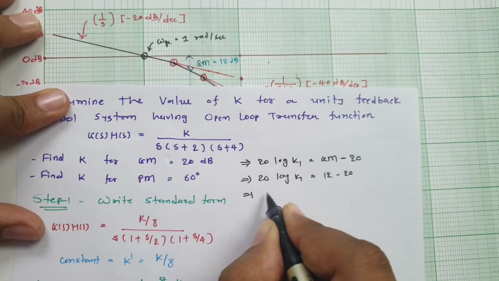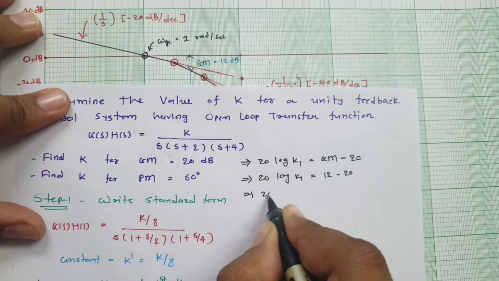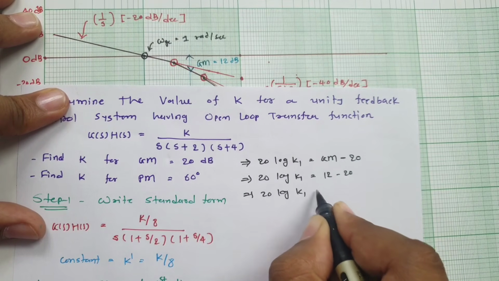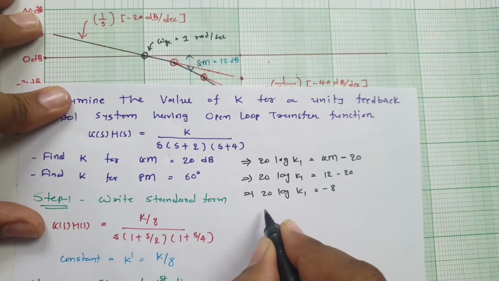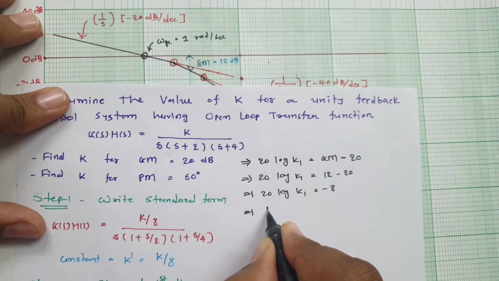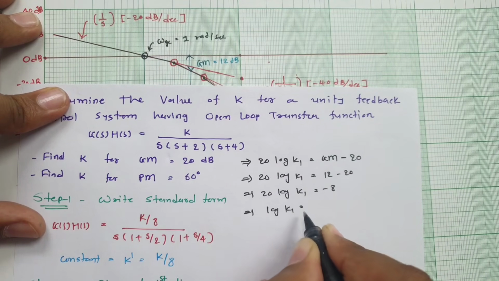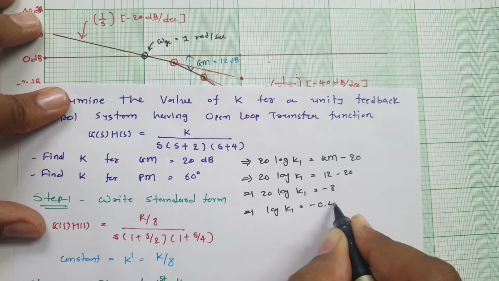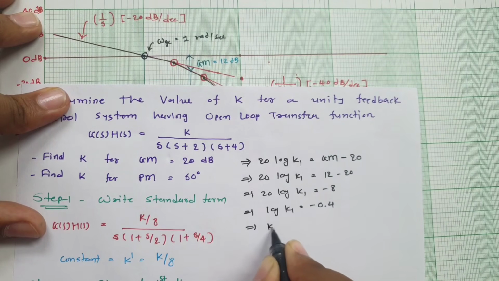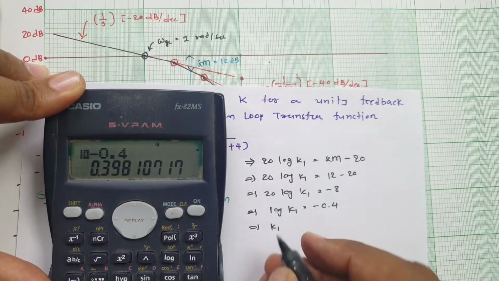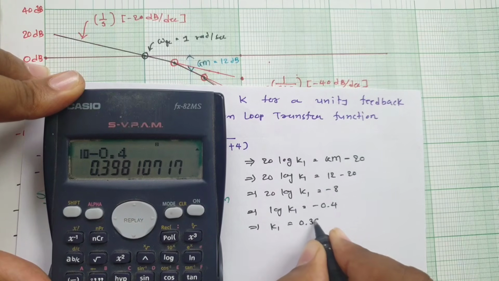So 20 log of K1 is minus 8, so log of K1 is minus 0.4, and K1 is 0.39.